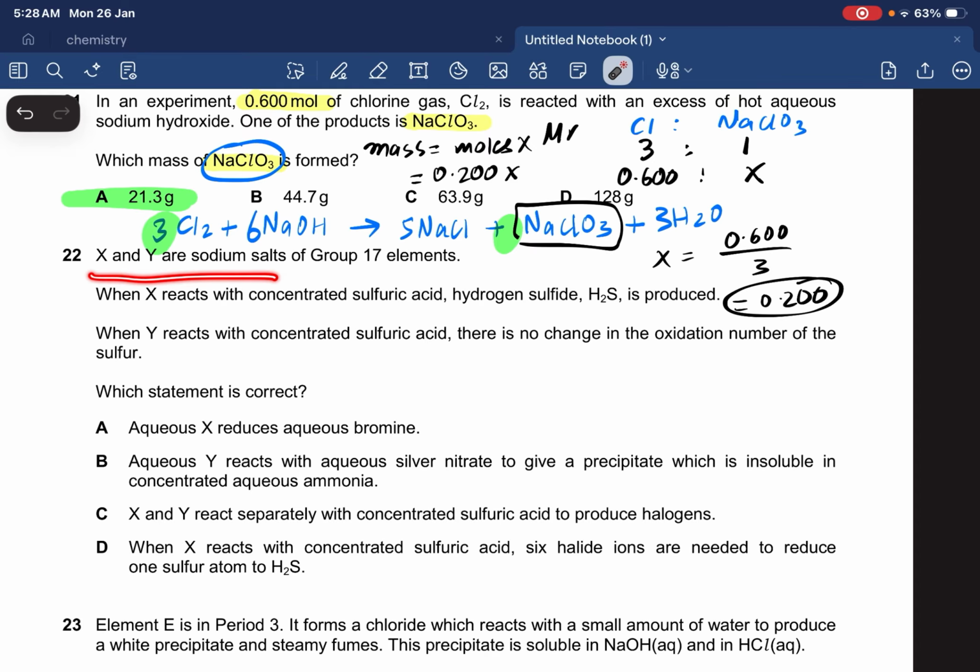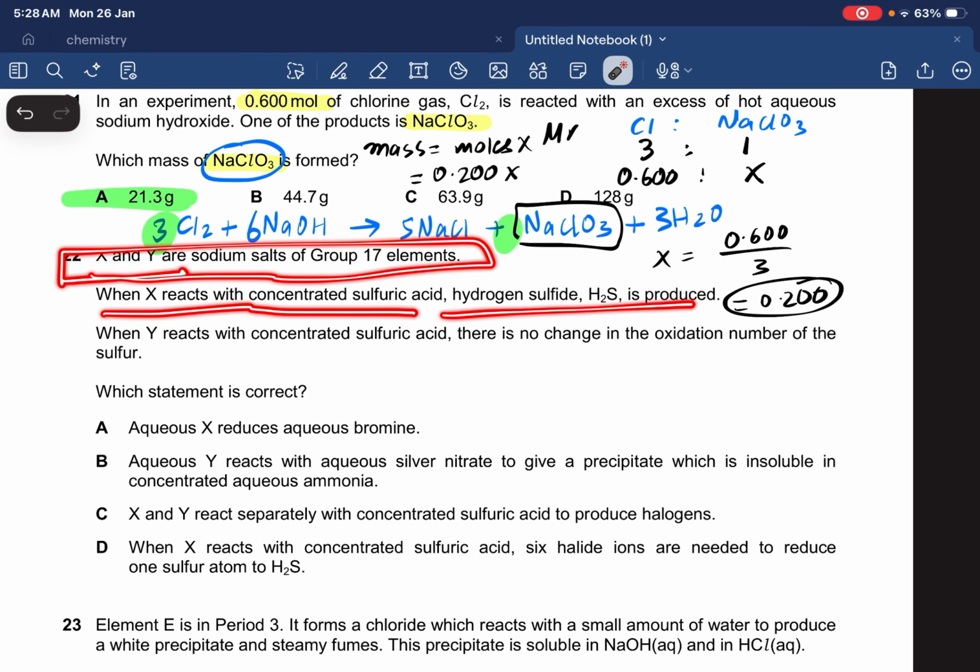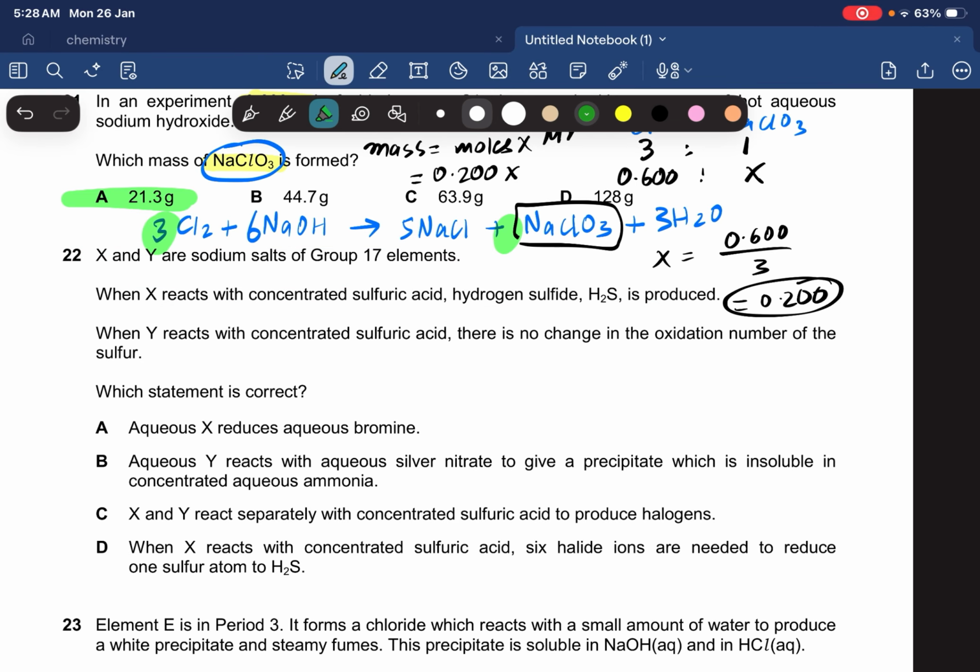X and Y are sodium salts of group 17 elements. When X reacts with concentrated sulfuric acid, H2S is produced. So you should know this reaction by heart. What are they talking about here? They're talking about iodine, because only the iodide ion, which is present in the sodium salt, is going to react to form H2S, because that's a good reducing agent.